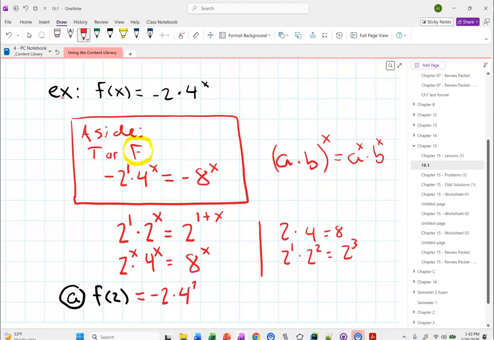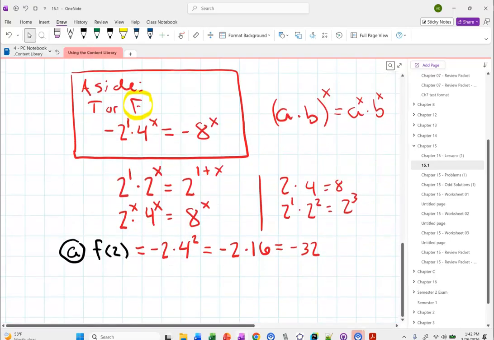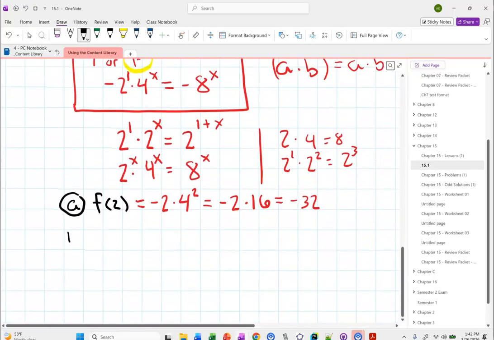Yeah, plug the 2 in for the x. And then, according to the order of operations, what operation should I do first? The exponent goes first. There we go. Everybody feel good? We're going to do a couple more of these just to make sure that we're square on our exponent rules and order of operations and all that jazz.